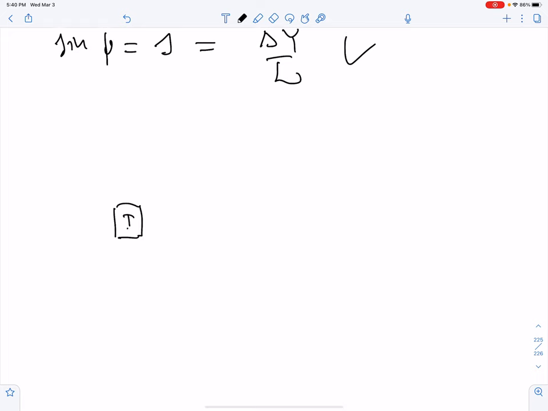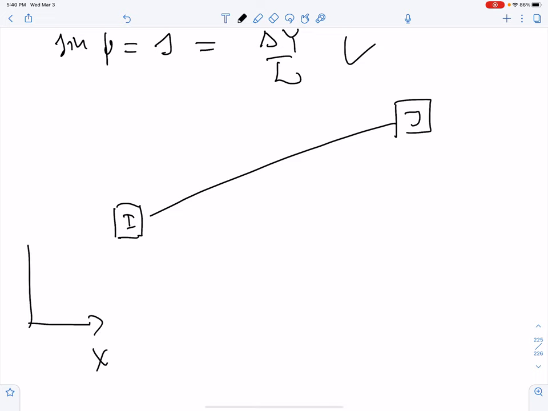So now that we have our geometry set, let's draw an element again, ij. Embed it into a global coordinate system xy. z comes out this way. And let's define the degrees of freedom, DOFs. So what are those? As you would suspect, node i, just like in a truss, can move in x.